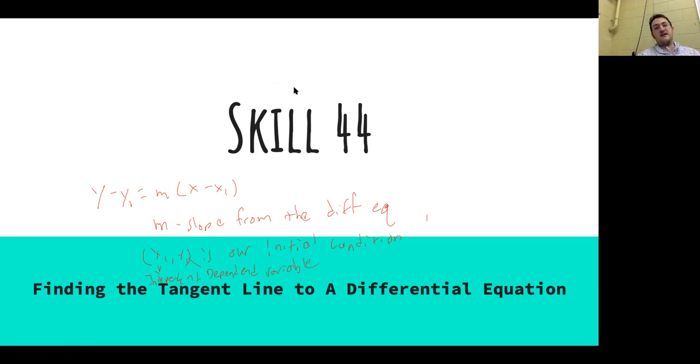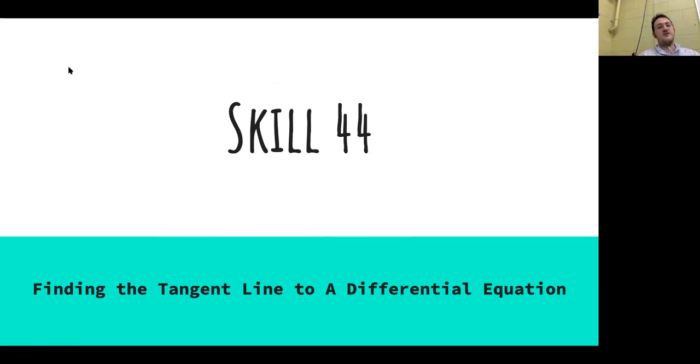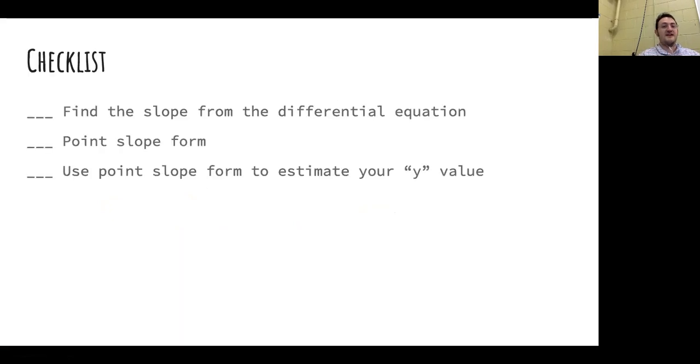All right. So the good news is on these, there's very concrete steps to doing this. So the first thing that you're going to do is you're going to find the slope from the differential equation. So this is where you plug in the initial condition to find that slope. And what I mean by that is just simply your x and y coordinate.